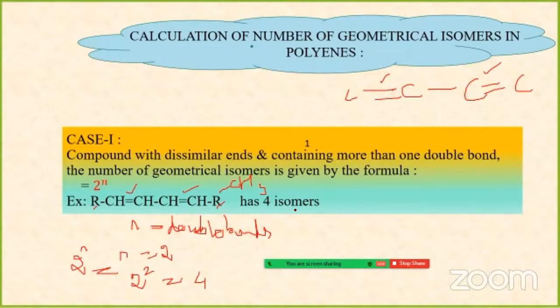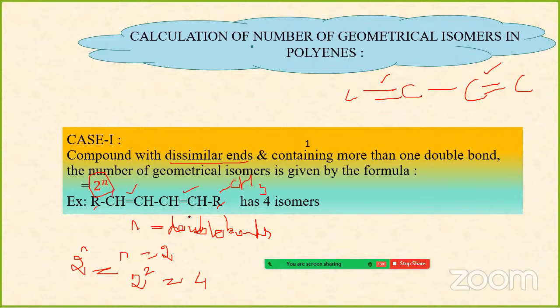So it is useful for calculating geometrical isomers if the compound contains dissimilar ends. This is the condition. If the compound contains dissimilar ends and more than one double bond, then we can calculate the number of geometrical isomers using the formula 2 to the power of n, where n is the number of double bonds in that compound.